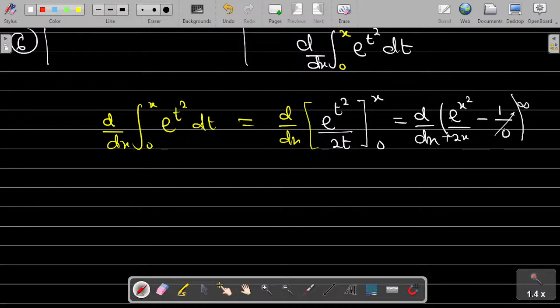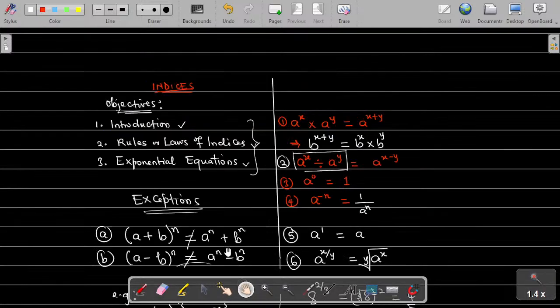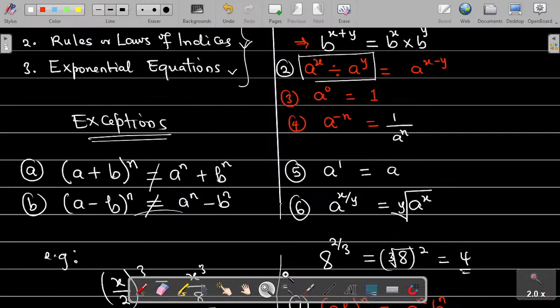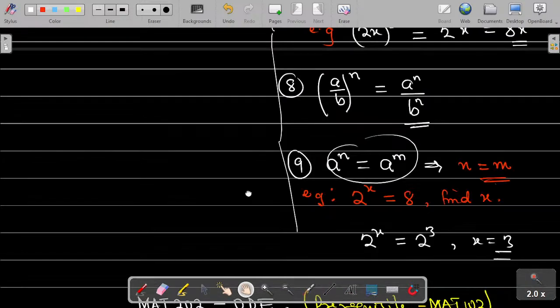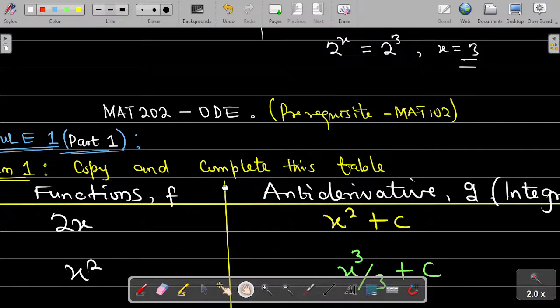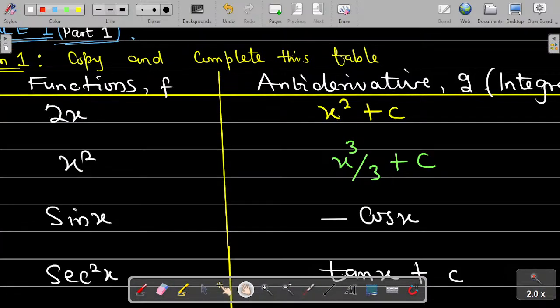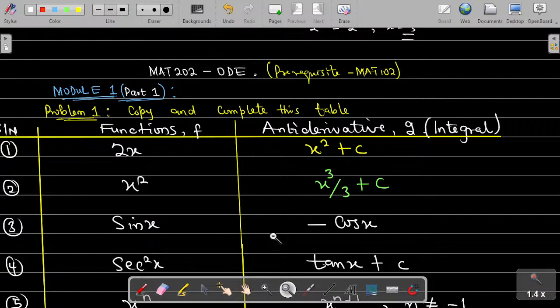And anything minus infinity is actually infinity as well. Sorry, I was supposed to have started this on a new page.